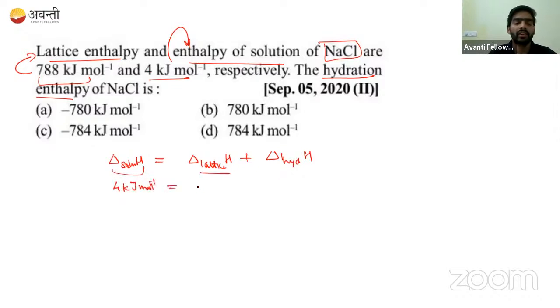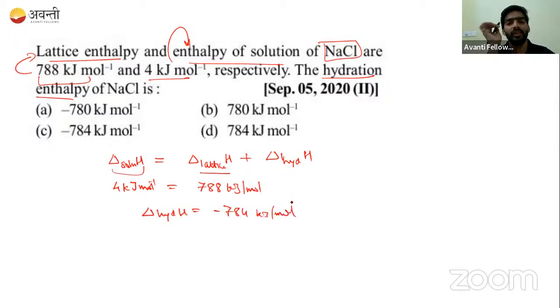For lattice, it is given how much? 788 kilojoule per mole. Okay, so our hydration will be how much? Minus 784 kilojoule per mole. See how easy the question is. Recent question, just a few years back in 2020, and our correct option is minus 784 kilojoule per mole.